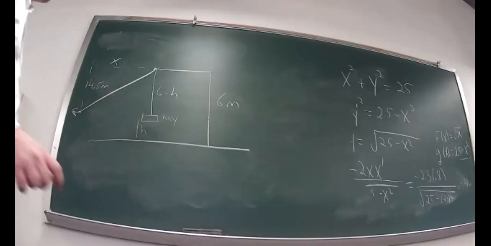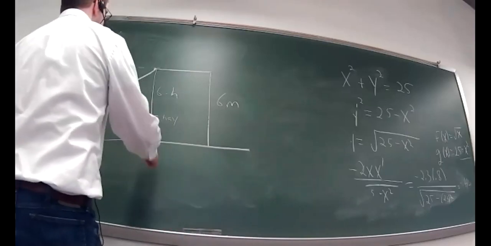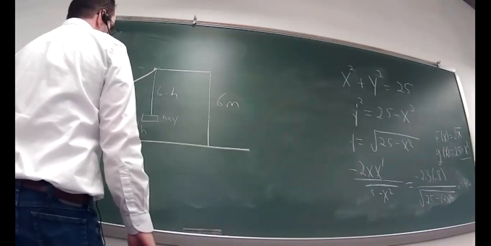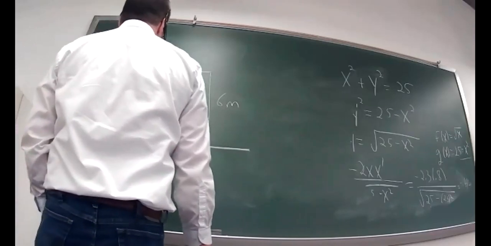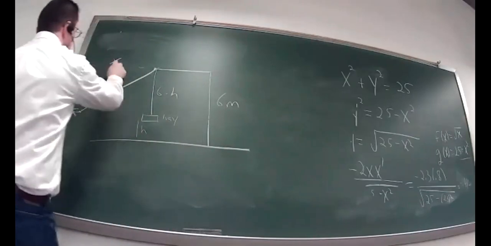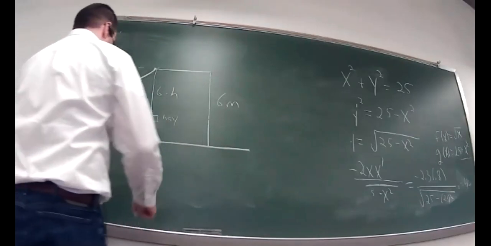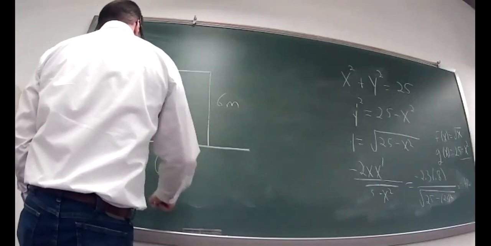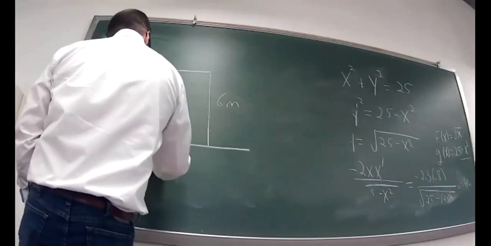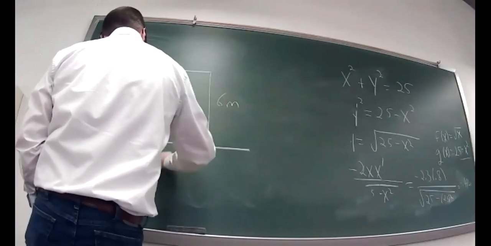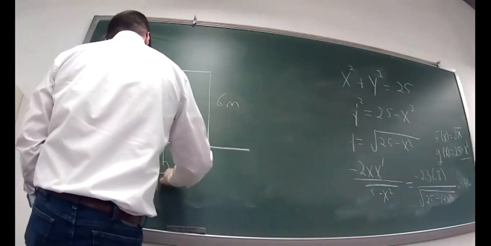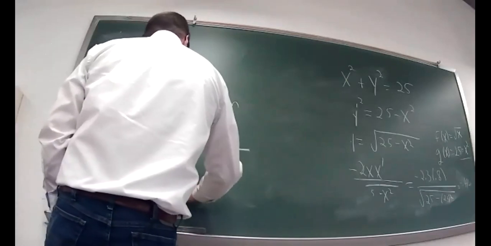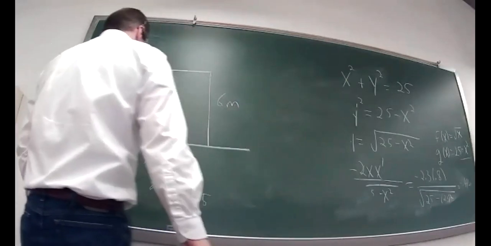So what are you being asked? You're asking how fast the bale of hay is rising when you are 5 meters away. So you're being asked for h prime, the change in h, dh/dt, at the point when x is equal to 5.